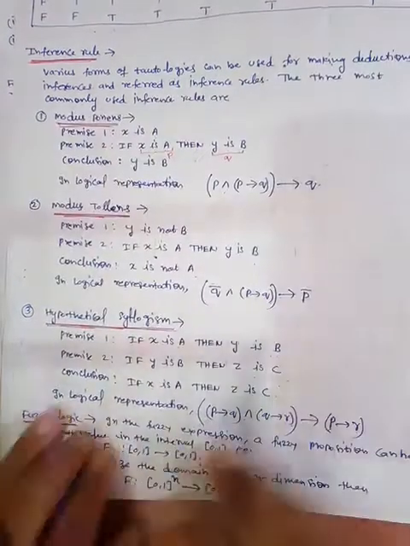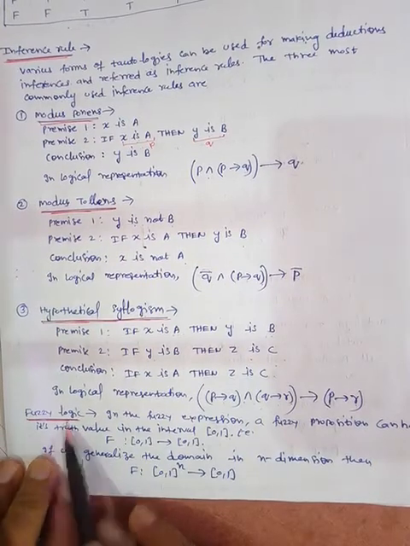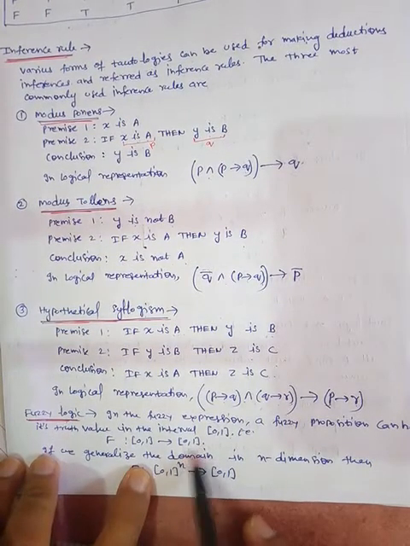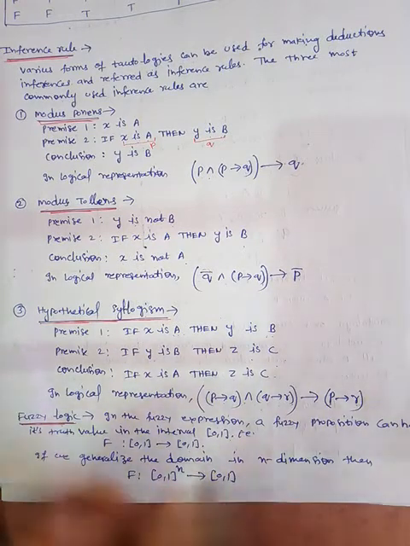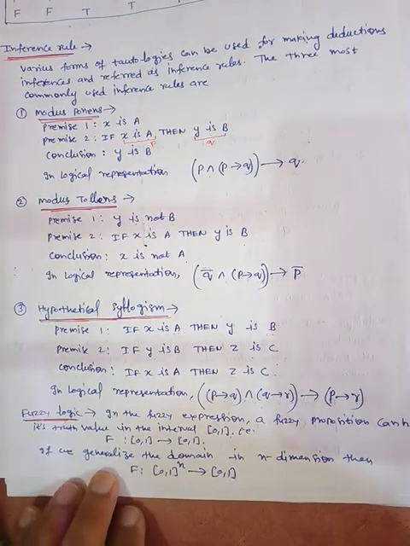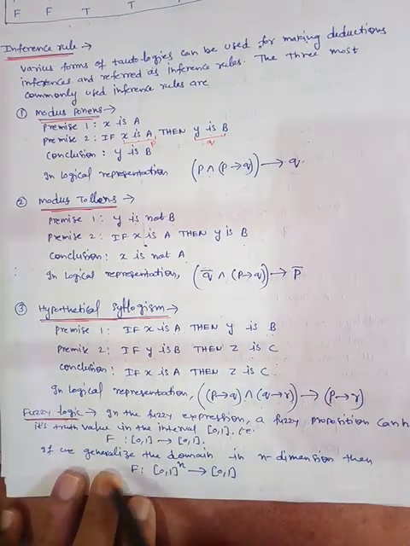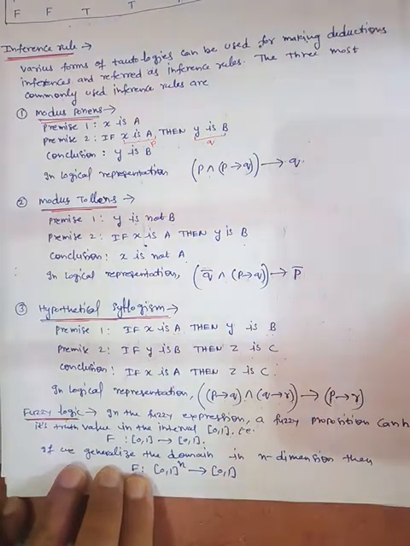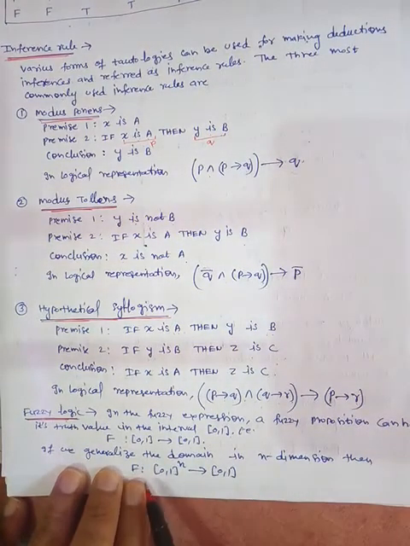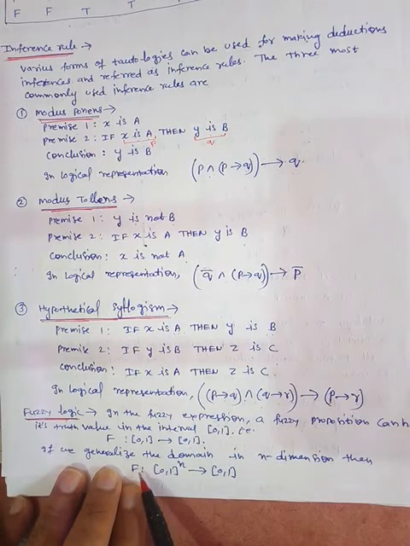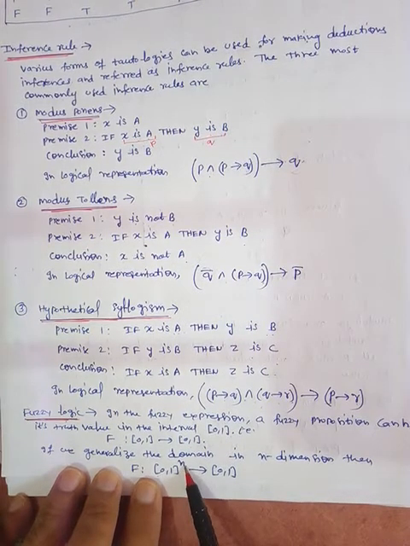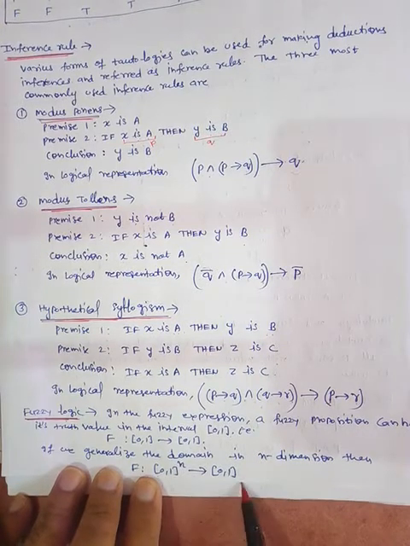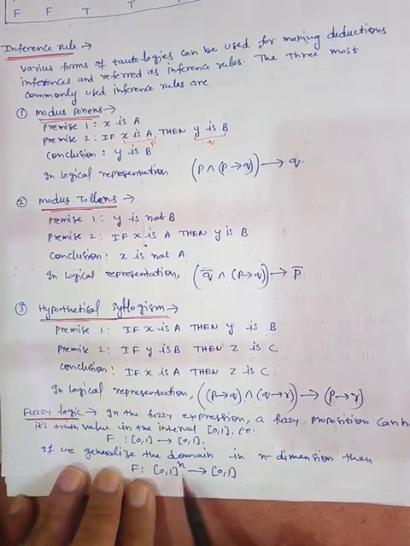But in fuzzy logic the range is the interval 0 to 1. So here it is wider: instead of just 0 and 1, it is the whole interval 0 to 1. Fine. If we generalize the domain in n dimensions, then the fuzzy mapping is f from [0,1]^n to [0,1]. This is in n dimensions.